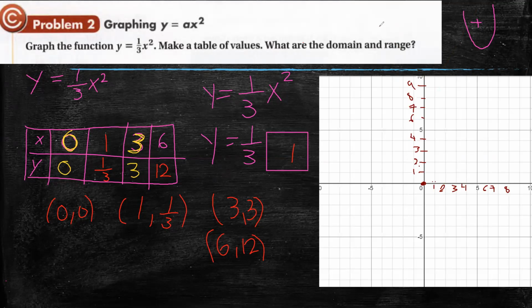Now let's start with point (0, 0). Here is (0, 0). Now 1/3. So the second point, 1/3, is here.